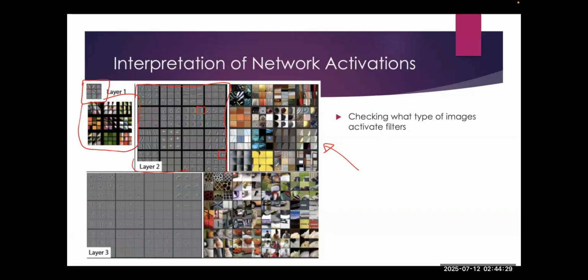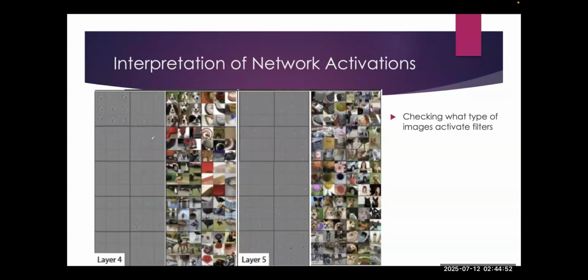Then as we go further and further, layer 3 captured even more complex patterns. So we can see this pattern continuing as we go deeper into the network. For example, in this slide, you can see the types of filters layer 4 and layer 5 contained and the corresponding images that activated these filters.